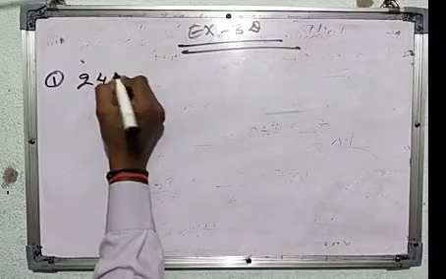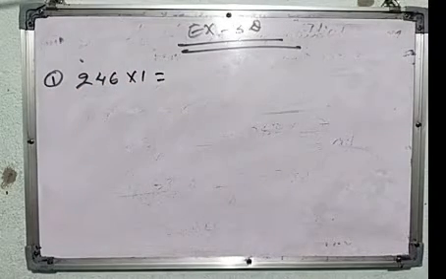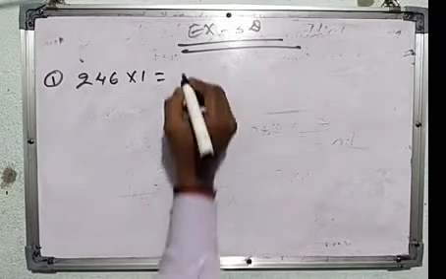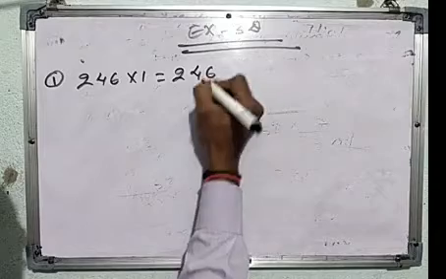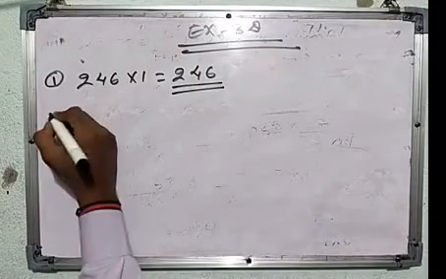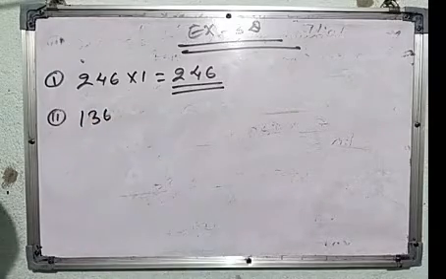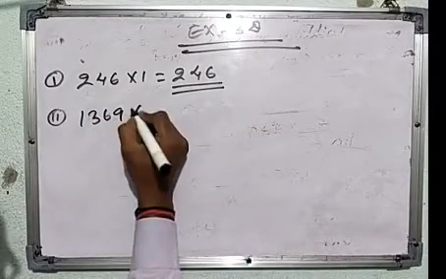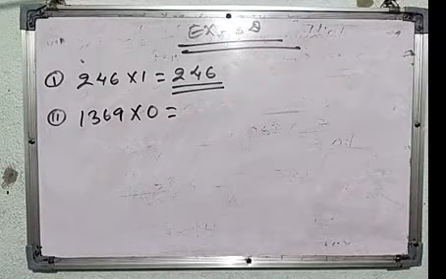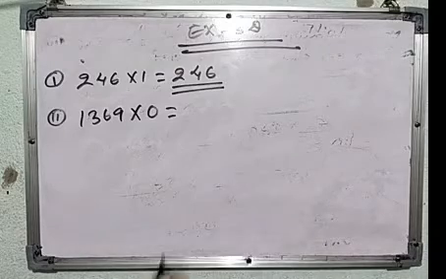You have number 246 into 1. We have studied in the property that if any whole number is multiplied by 1, the whole number itself is obtained. So here you write 246. For question 2, 1369 multiplied by 0. We have studied in the property that if any whole number is multiplied by 0, the product obtained is 0. So here you write 0.